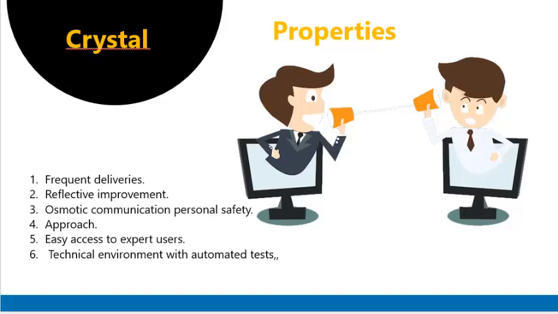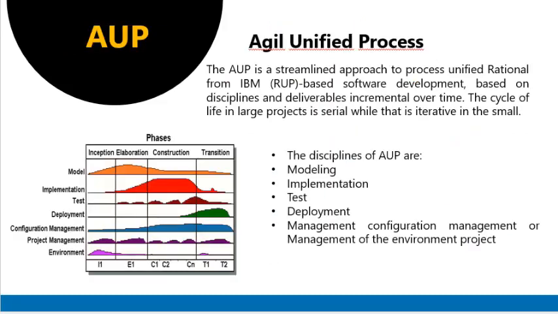AUP, or Agile Unified Process, is a streamlined approach to the Rational Unified Process by IBM based on disciplines and delivers incrementally over time. The life cycle in large projects is serial and iterative in the small.